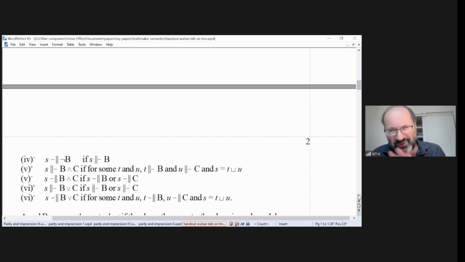We might restrict this just to non-empty finite fusions, but anyway, let's just go the whole way and say, look, it's not just a question of disjunction, we might insist quite generally that if we have certain truth makers for a sentence, and I'm excluding the empty set of truth makers here, then the fusion of them should also be a truth maker. If you put truth makers together in this way, then they should also be a truth maker.